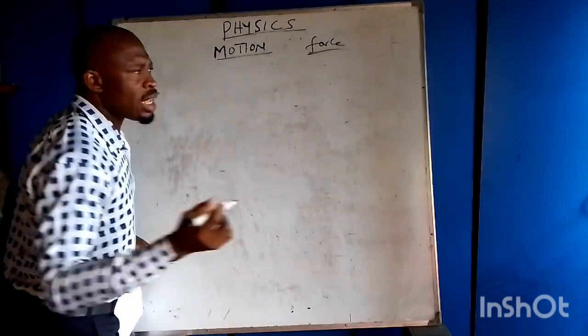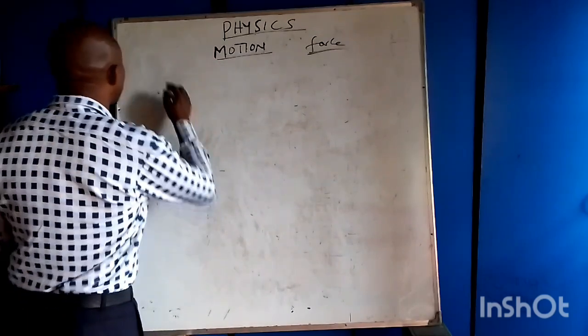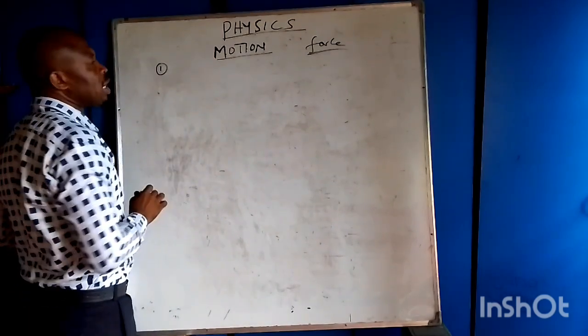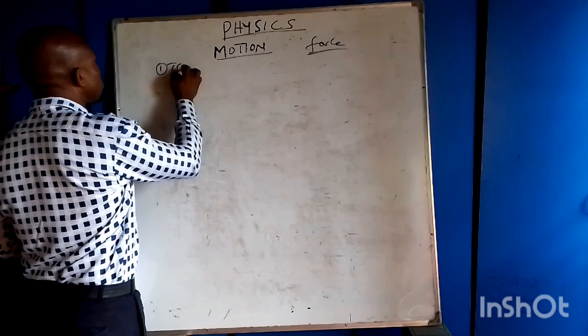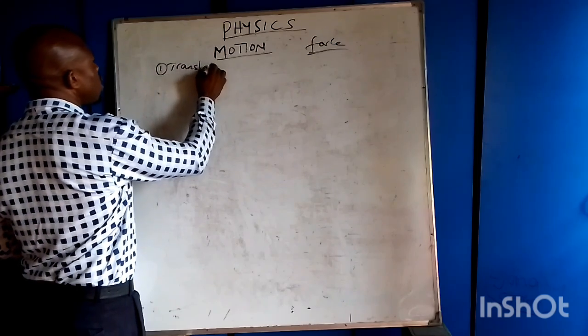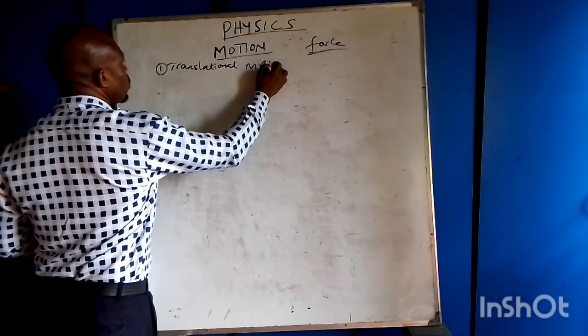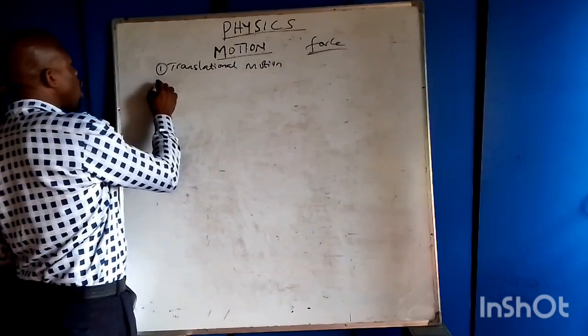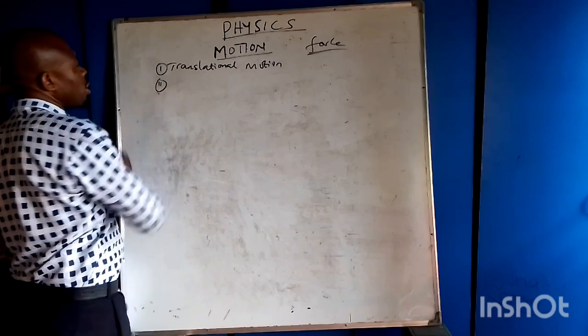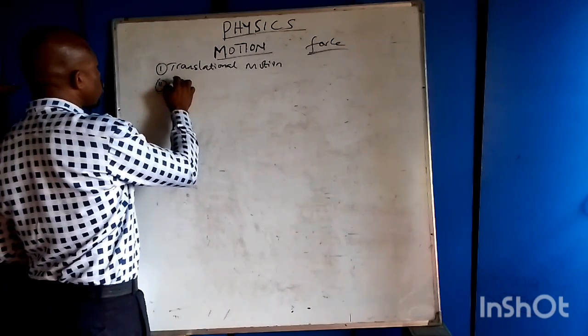There are basically about four types of motion. The first type is translational motion. The second one is rotational motion.